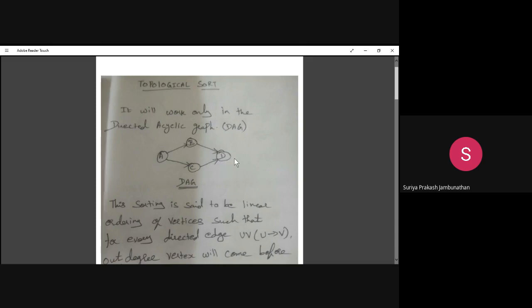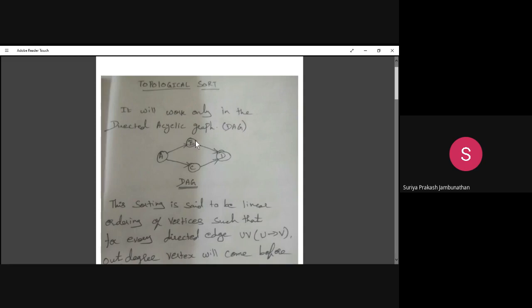Okay. So in this case you have to understand the in degree and out degree of this particular graph. How many edges are coming towards the node is said to be in degree. How many edges are going out of that particular node is said to be out degree. So for the in degree of A, there is no node coming towards A, so the in degree of A is 0.